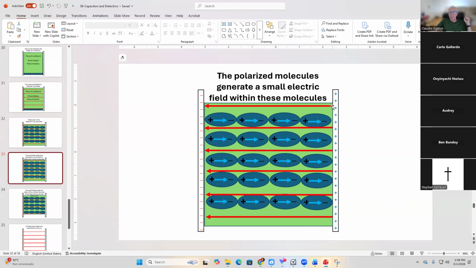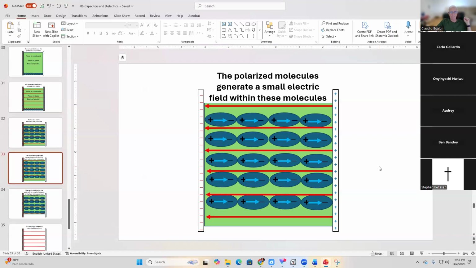If we have this main field that points from the right to the left, and this tiny field that points from the left to the right, what happens? This tinier field is going to cancel some of the main electric field lines.